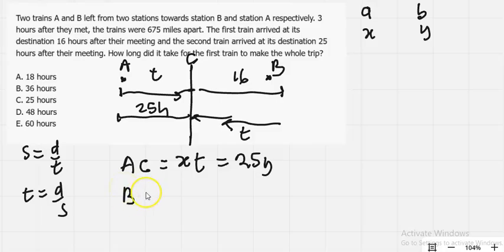Then BC for train A would be 16x. For train B, that would be yT.